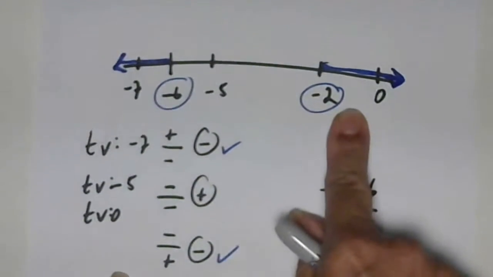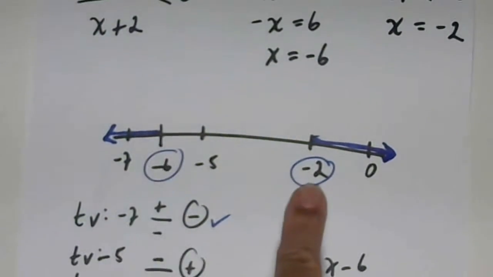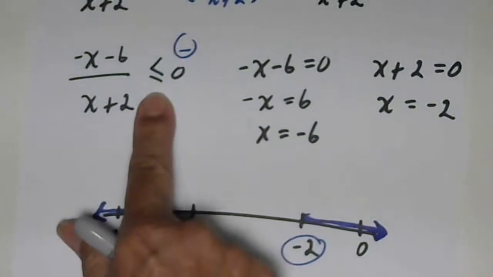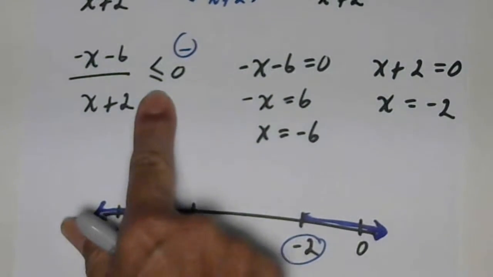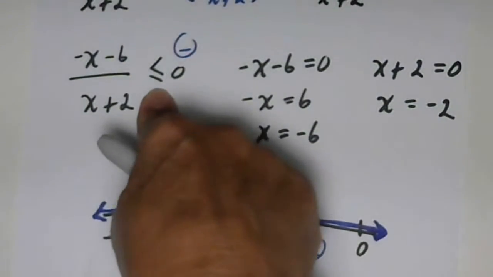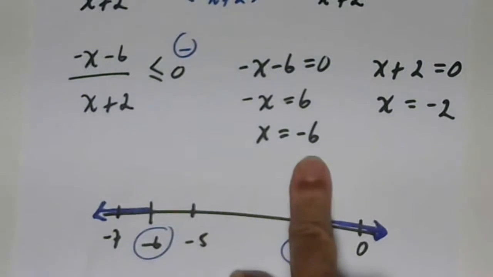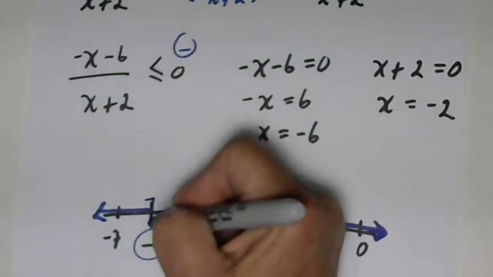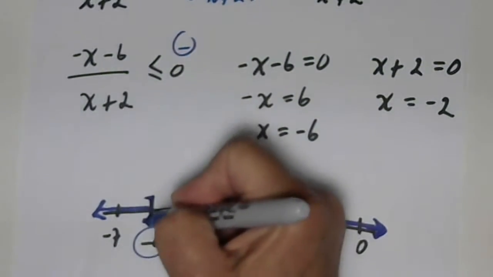Last consideration for our boundary points: are they included or not? This statement here says they are included because it's less than or equal to. Looking at our boundary point of -6, which we got from the numerator, that would be included and it would be the hard bracket.